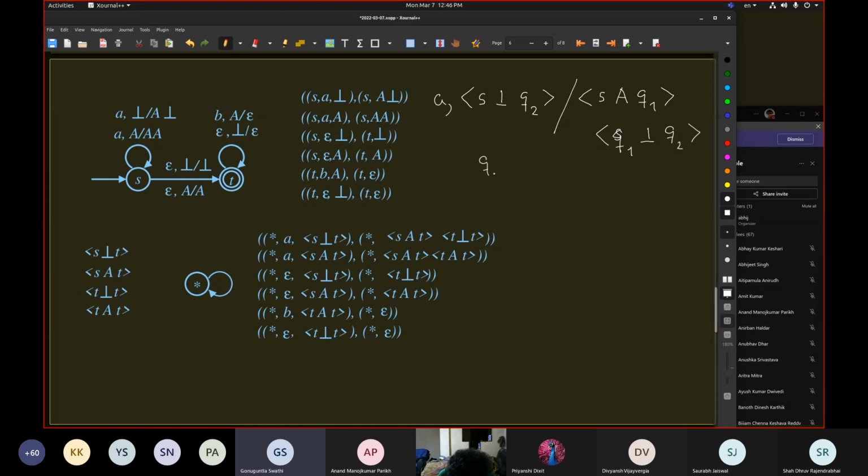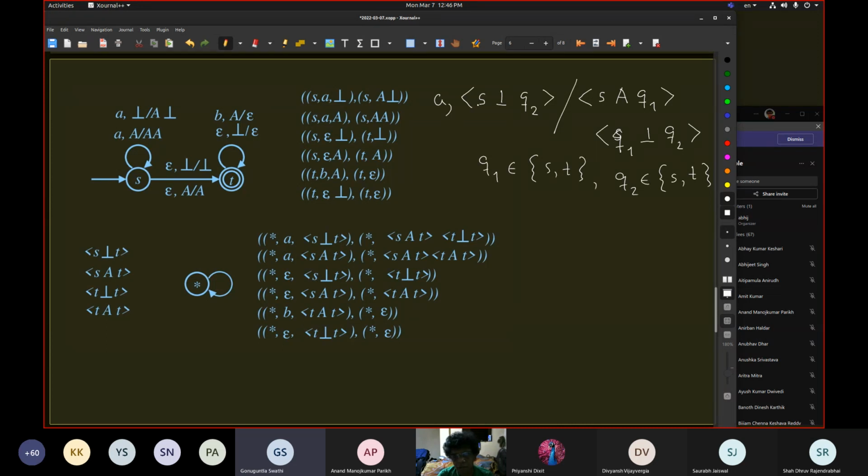Now, of course, there are four possibilities. Q1 can be S or T. Q2 can be S or T. So for this, if I follow the mechanical construction, I will generate four transitions, one for each of the cases of Q1 and Q2.